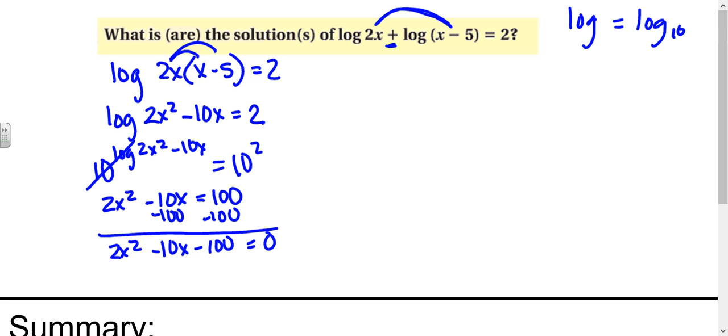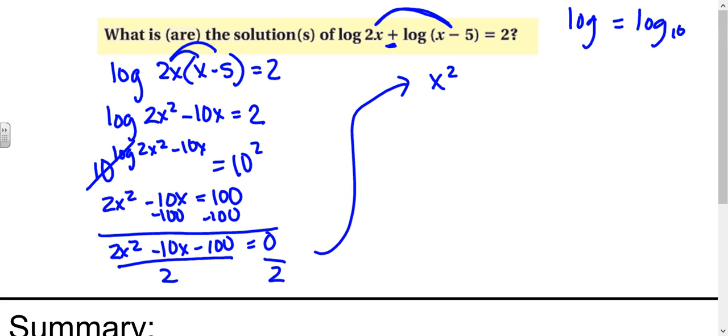So in this case, the greatest common factor would be 2. So I'm actually going to divide both sides by 2 to get rid of that. And so then from here, I'm going to get x squared minus 5x minus 50 equals 0.